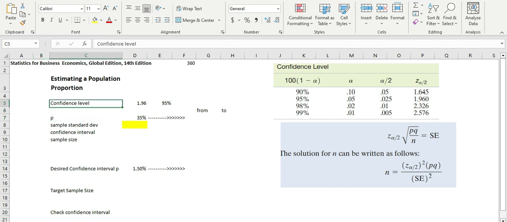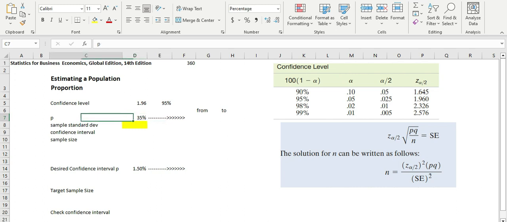We wanted to sample, for example, 35% of people. Let's say we wanted to find an accurate sample with a very minimal range of proportion.